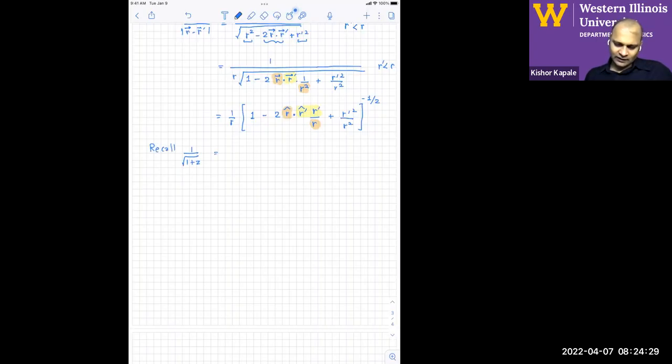But I'm just going to give you a pointer here, which is if you have 1 over square root of 1 plus z, where z is a small quantity, that's kind of what we are trying to do here. Think of this whole thing as a very, very small quantity. And so this here is the small quantity x, let's say, and this is going to be much smaller, so we're going to actually ignore that third term.